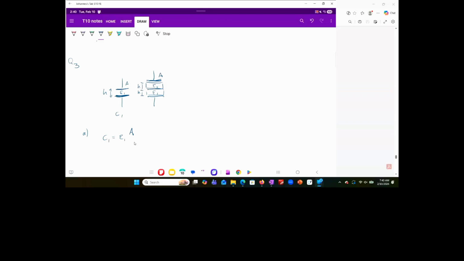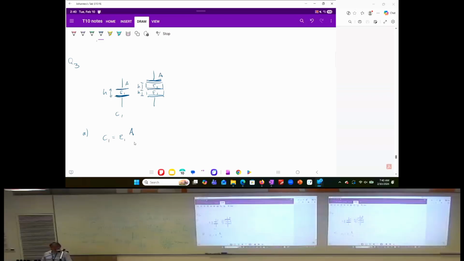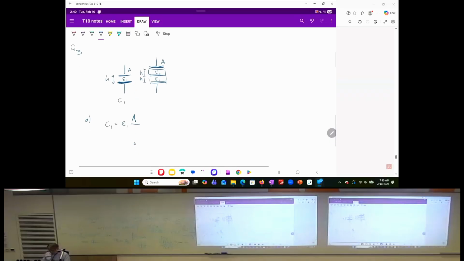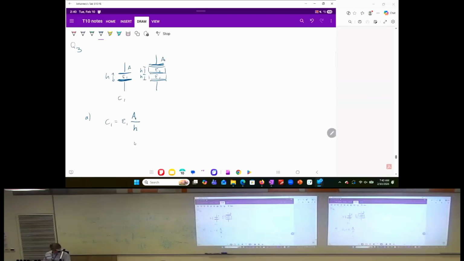So the larger the area, the larger the capacitance. At the same time, it is helpful if the separation is very small. The further you put these plates apart, the more the capacitance is reduced. So this is the formula of a parallel plate capacitor, and for the first one you have epsilon 1 times A over H.